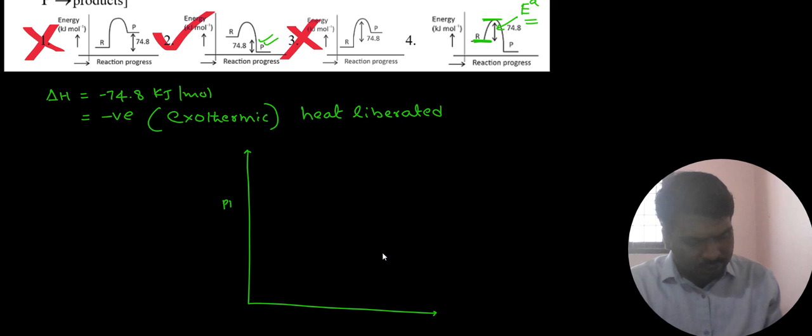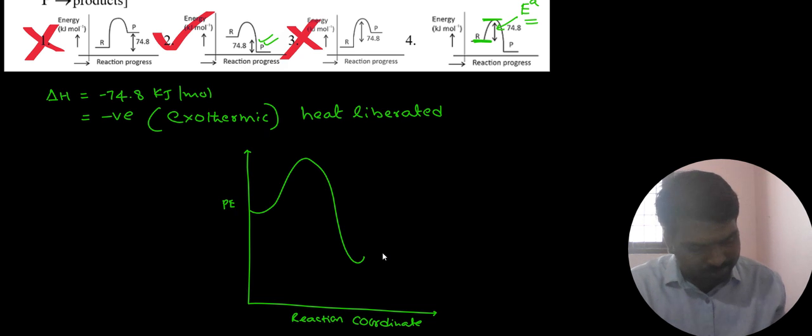Okay, this is the potential energy, this is the reaction coordinate. Exothermic means reactants are higher in energy and products are lower in energy.